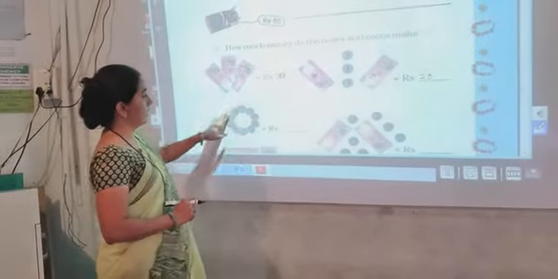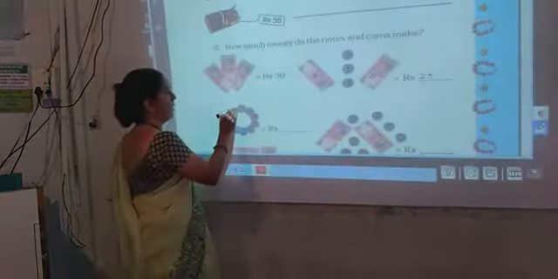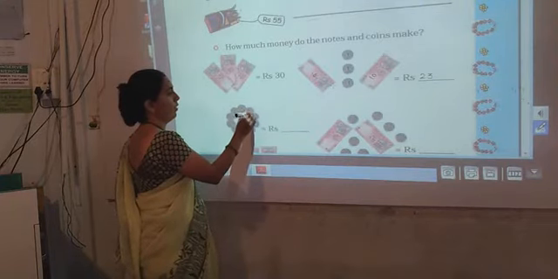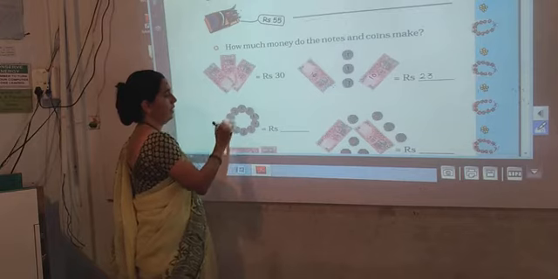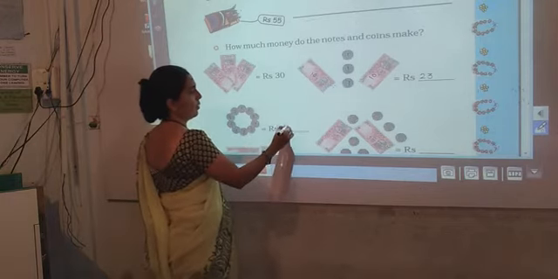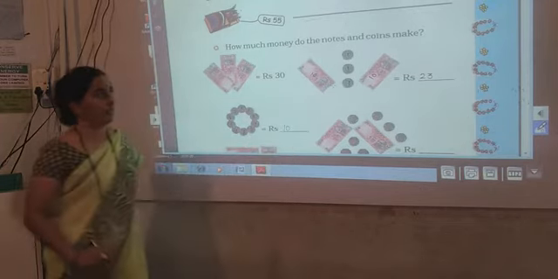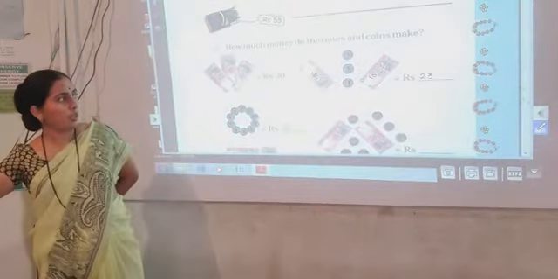Now see the next. How many coins are there? 1, 2, 3, 4, 5, 6, 7, 8, 9, 10. So these are the rupees 10. Now see the next.